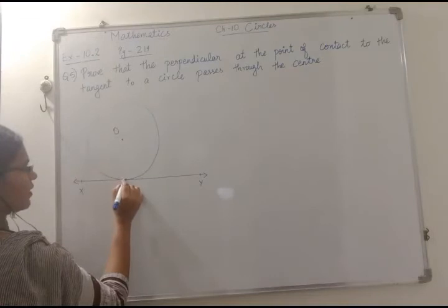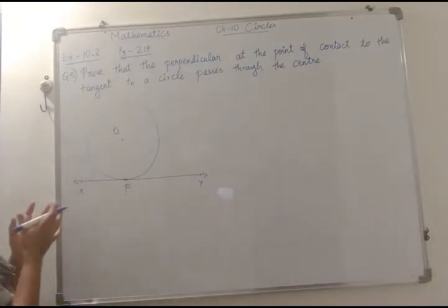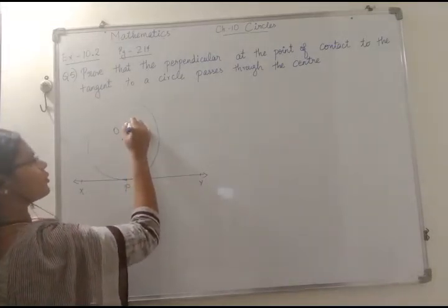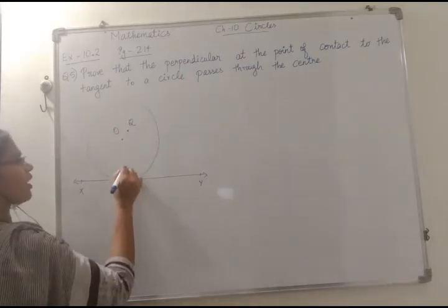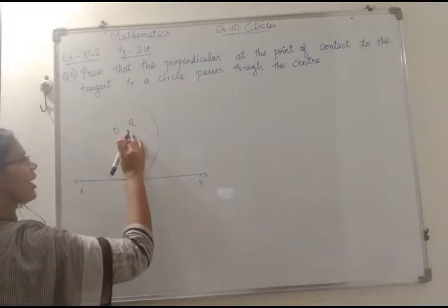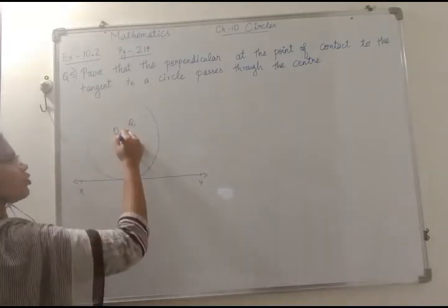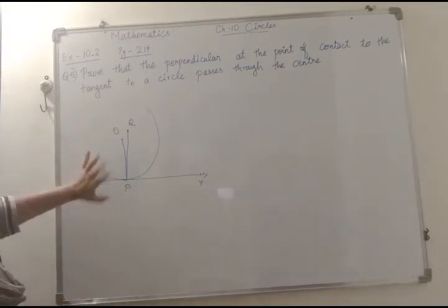We have to prove that that line will pass through the center. Now, let us assume that there is another point Q, and that perpendicular line which we are talking about actually passes through Q. We will join OP also.